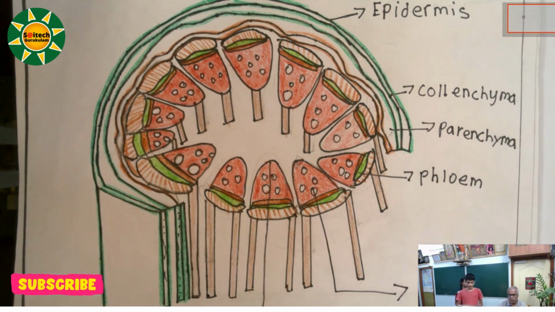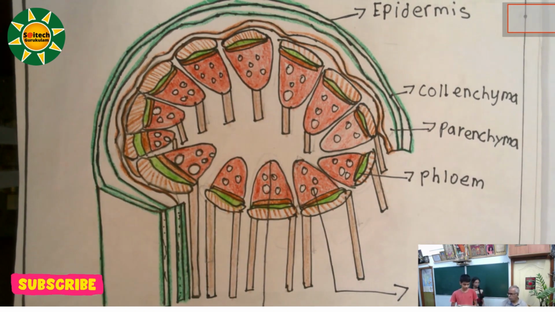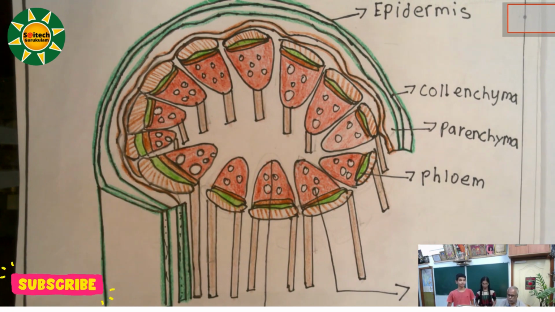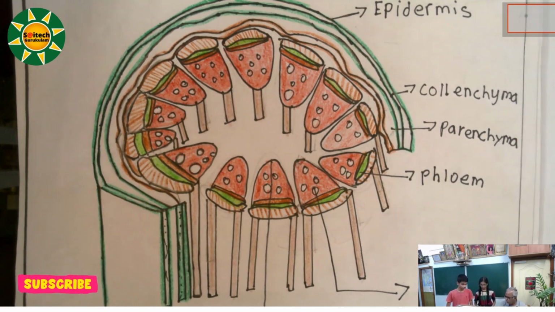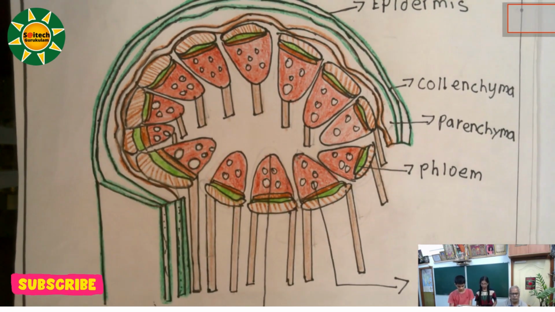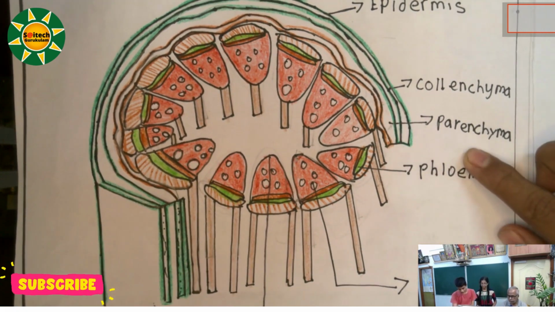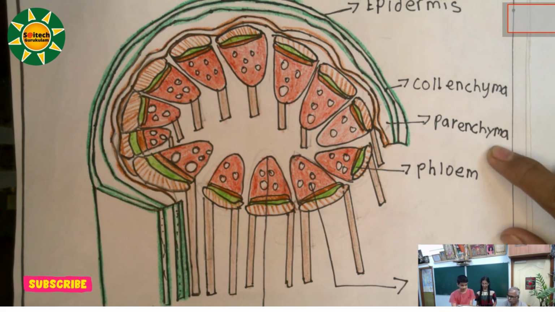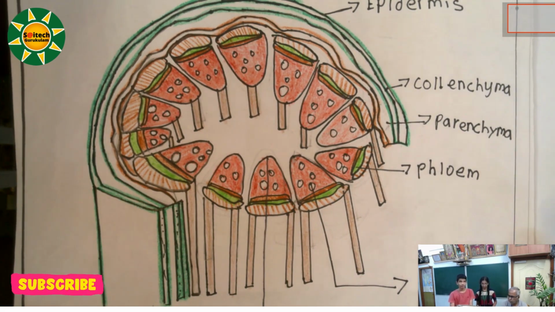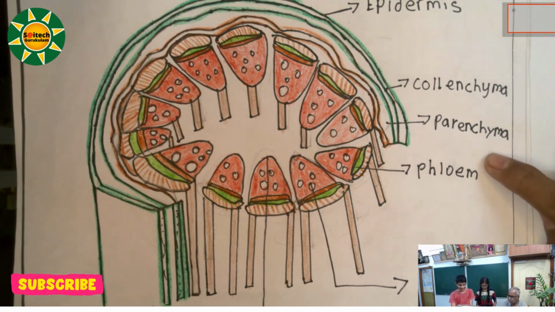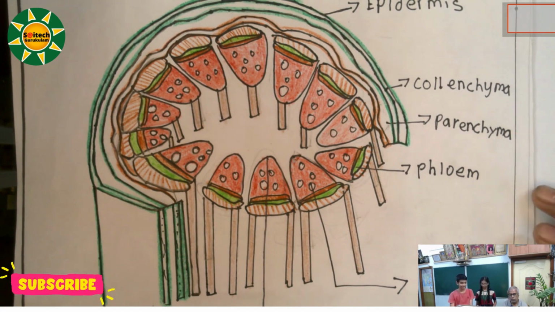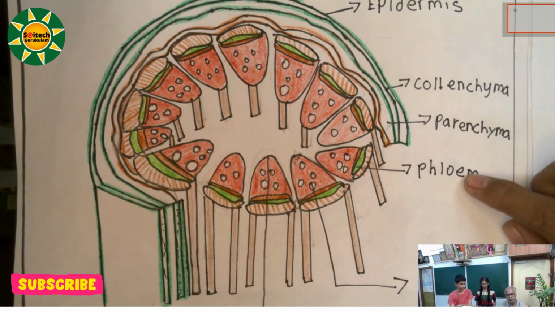The permanent tissues are used in storing of food. In the permanent tissue, one type is called parenchyma. In parenchyma, there are two types: one is aerenchyma, another is chlorenchyma. That's all.